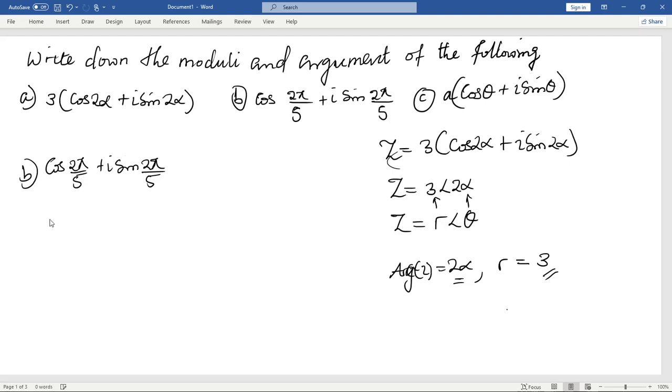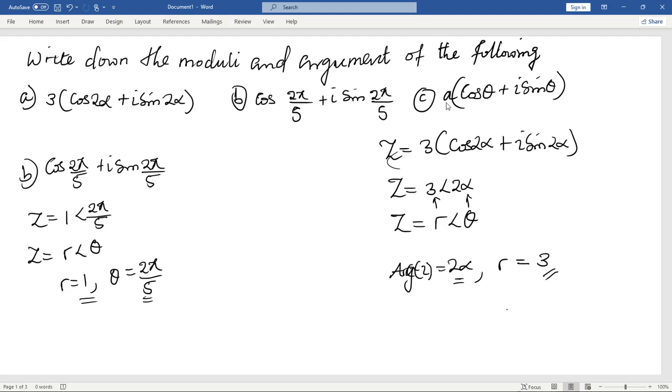If we write this in polar form, we simply have z equal to 1 and 2 pi over 5. We compare it with the general form of a complex number written in polar form, and you find that your modulus in this case is 1. The argument theta is simply equal to 2 pi over 5.